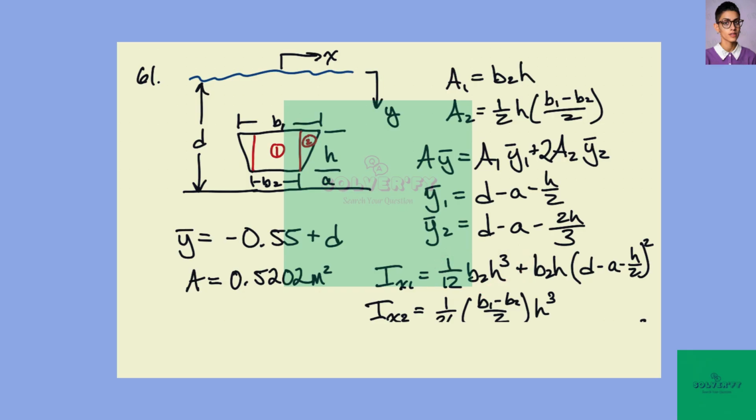And then we have the area of the square times the distance from the surface of the water to the centroid of the square, squared. And likewise for the triangles. We have the centroidal area moment about the centroidal x-axis is this, and then the area of the triangle is here, and then the distance from the top of the water to the centroid of the triangle is this distance, and we square it.